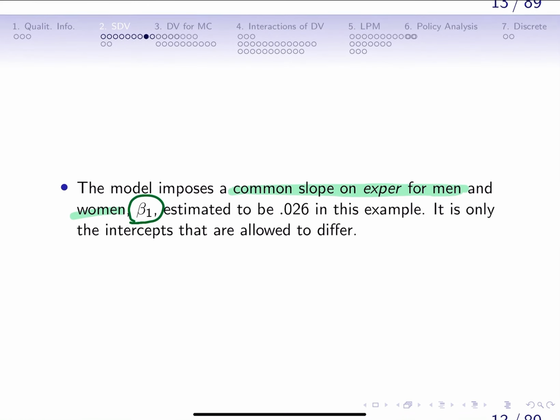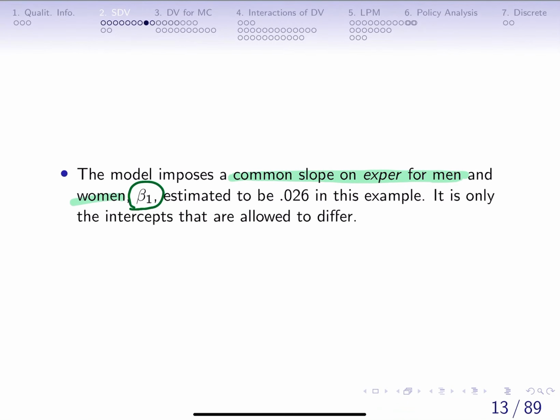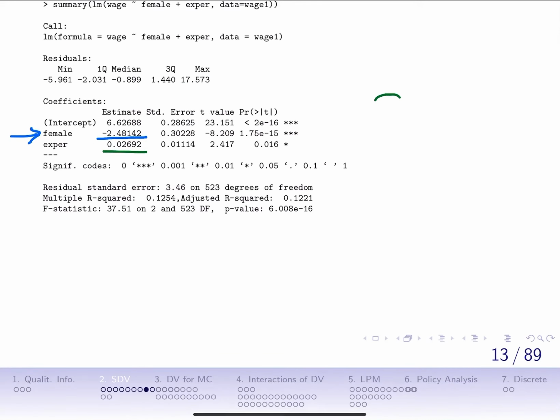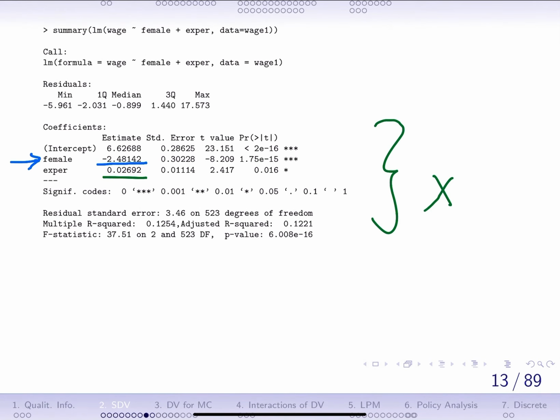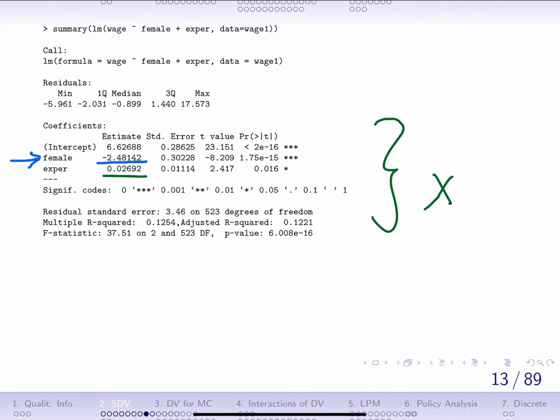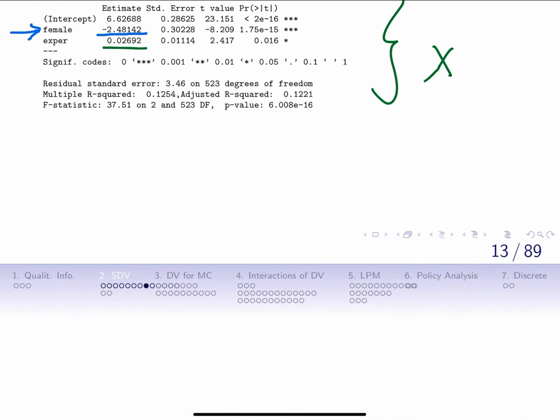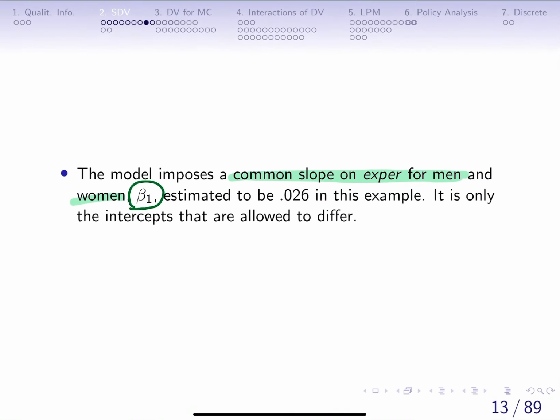So we could think about a case where the effect that experience has on wages depends on whether you are male or female, right? And this model doesn't allow for that. So this model is not allowing the effect of experience on wages to depend on the person's gender, or sex. So we can allow for that by interacting female and experience.